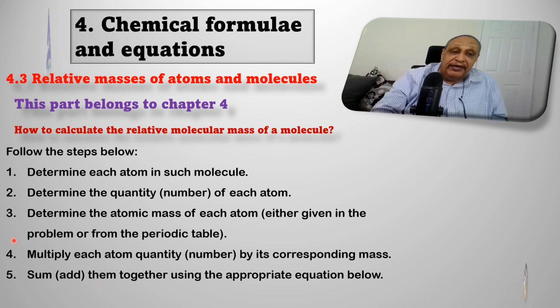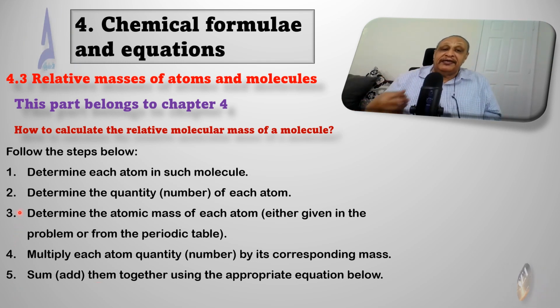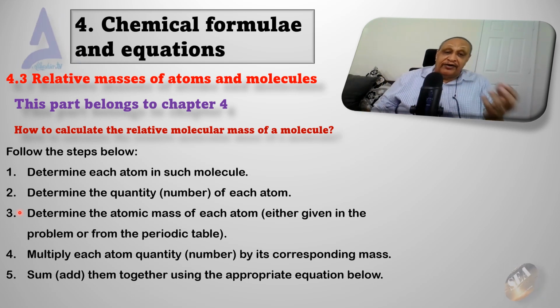Number 3 is to determine the atomic mass of each atom, either given in the problem or from the periodic table. If they do not appear in the problem, I have to go and look for them in the periodic table.